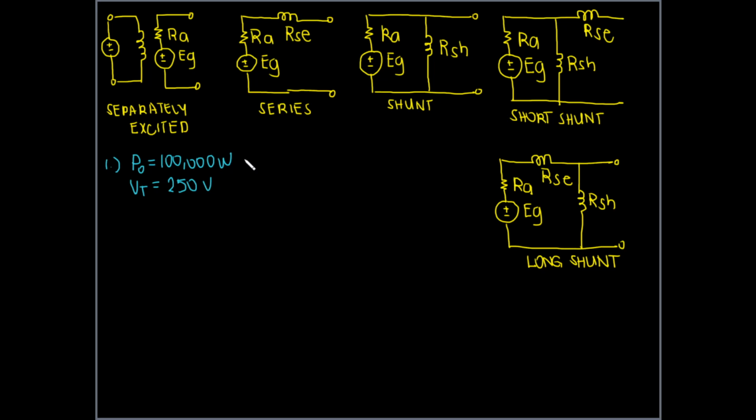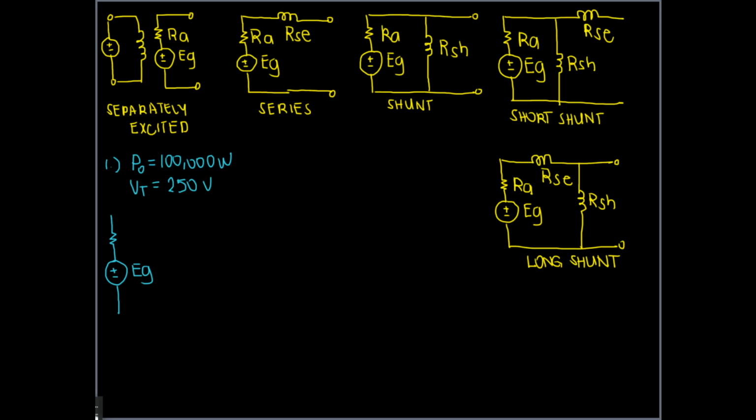It's a shunt generator, and we're looking to solve for the generated EMF and the efficiency. So if we're going to draw a shunt generator along with the values, we're going to be labeling the components. Generated EMF is unknown.